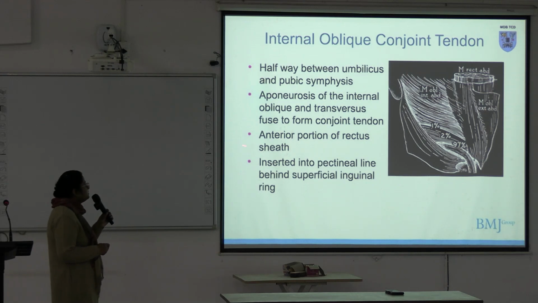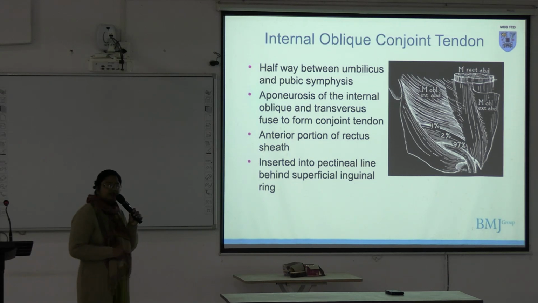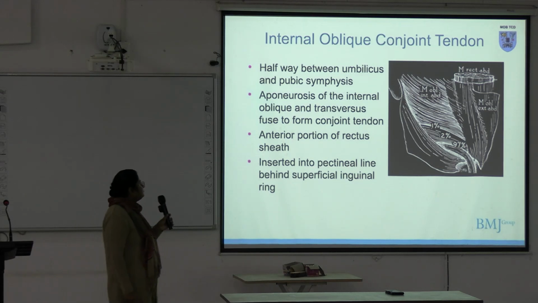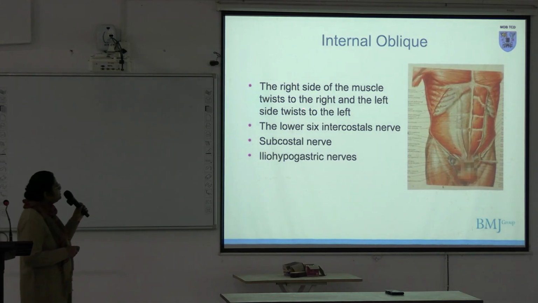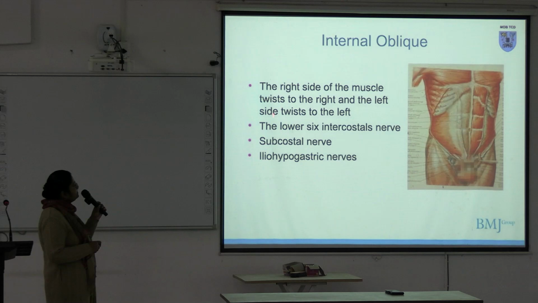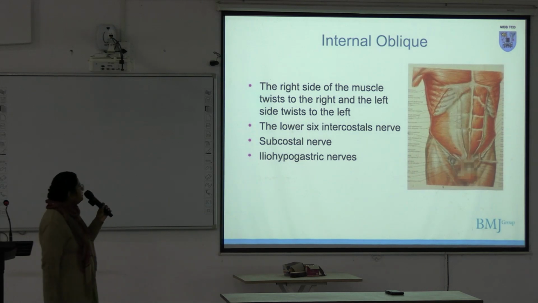Next, the right side of the muscle twists to the right and the left side twists to the left. The lower 6 intercostal nerves are supplying the muscle, and subcostal nerve and iliohypogastric nerves are also supplying. Next.